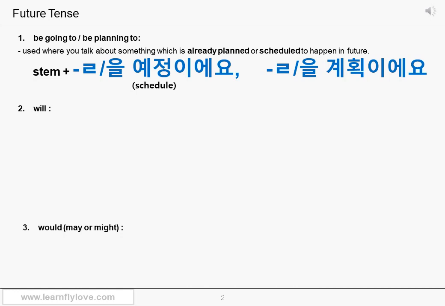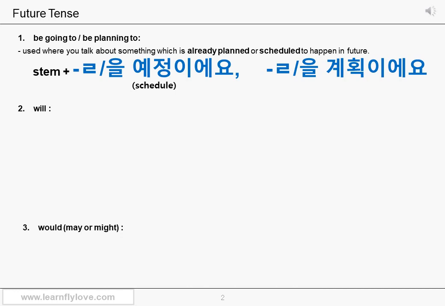But just in case you're curious, you know 이다, 이에요, 예요 is used where you say A is B. And A and B should indicate the same thing. The ending 을 is the actual part that puts the predicate in the future tense. And 이에요 here is used to express what you are going to do is your schedule. Okay? That's all.